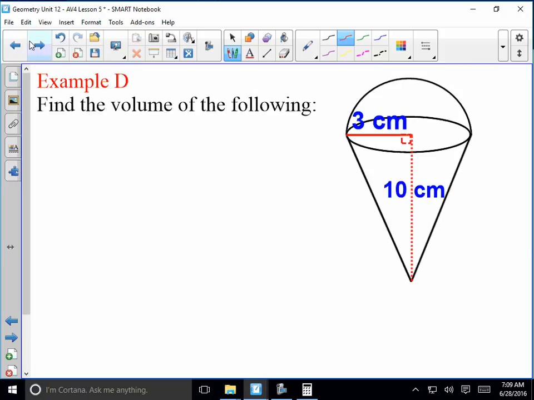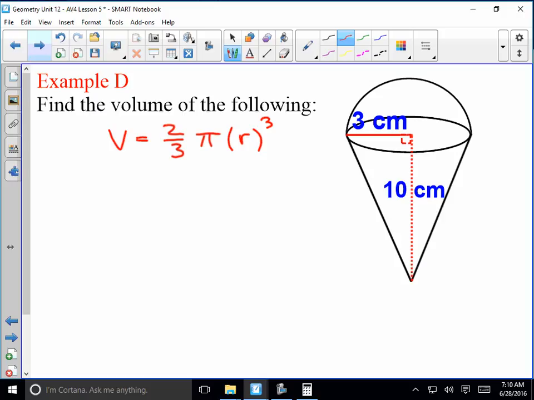Okay, now finishing up, we've got a couple extra examples here to wrap up. Here we've got a situation of an ice cream cone type volume. So once again, we have to break it into our pieces. On top, we have a hemisphere. So instead of 4/3 pi r cubed, we're going to use 2/3 pi r cubed.